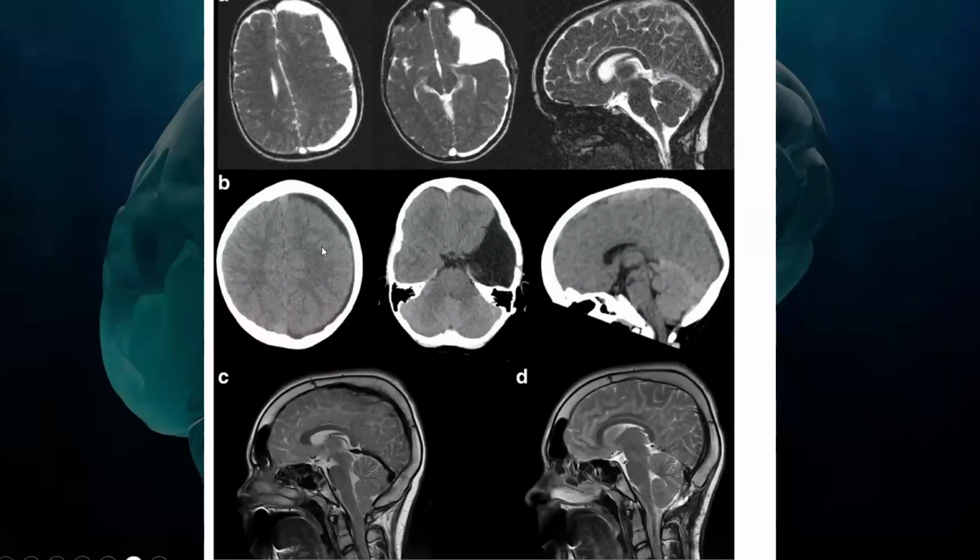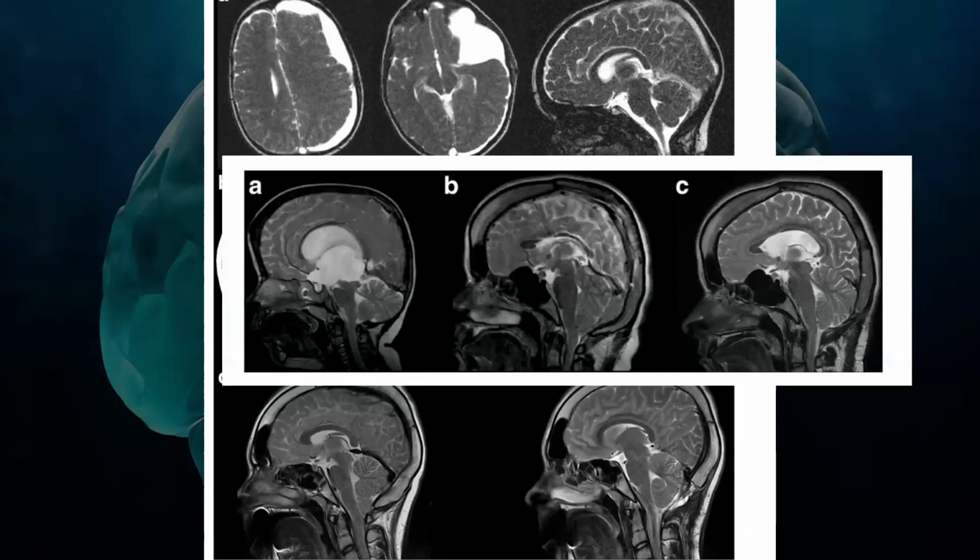Then you see row B, essentially after the patient was shunted. You start seeing a little bit more tonsillar descent. And then rows C and D; C is pre-op, but you see again the thickening of the bone, which you start seeing actually in B as well. And you see a Chiari essentially on the sagittal imaging. Now this is post-op because this patient was symptomatic and went on to need surgery and decompression. But again, the thickening of the bone, quite typical.